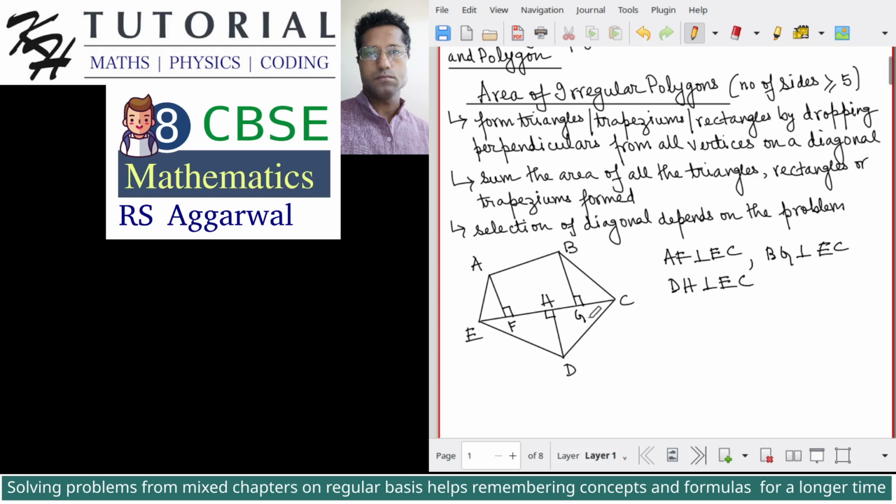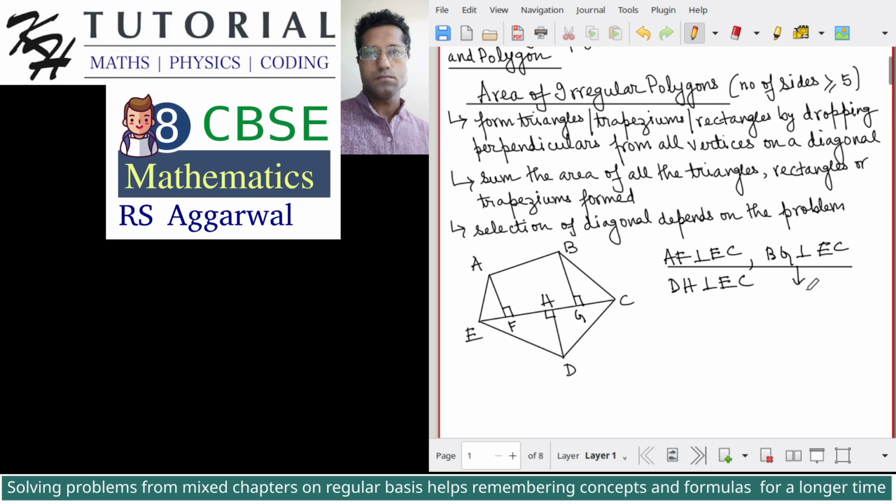By drawing the diagonal EC and the 3 perpendiculars, as you can see, we have constructed triangles and a trapezium. Please note that AF is perpendicular to EC, and BG is perpendicular to EC.